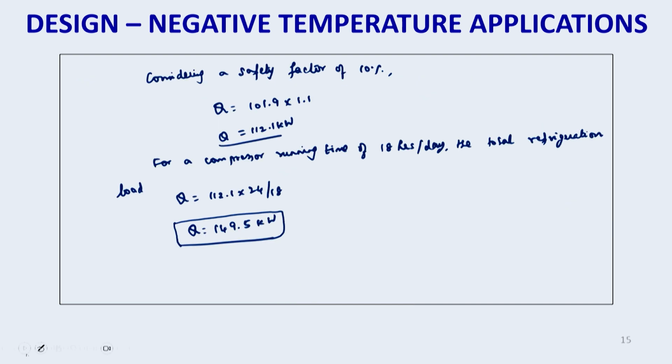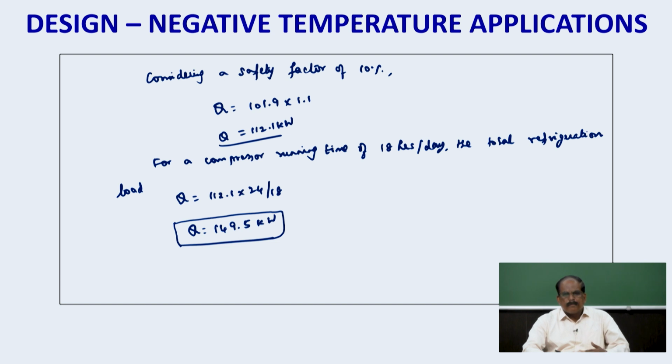So this is the design of cold storage using a plate type of freezer for a negative temperature application. Whereas the previous problem is based on designing a cold room using a blast type of freezer.